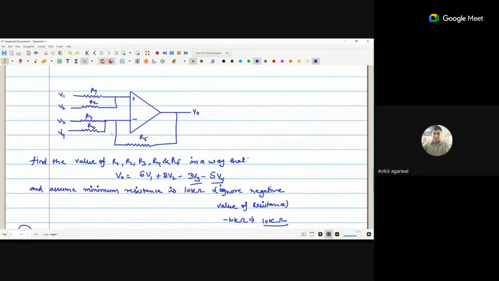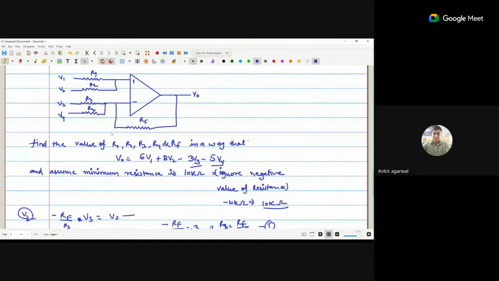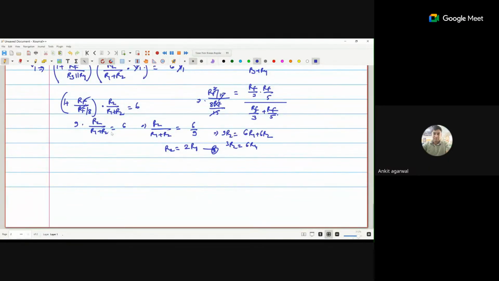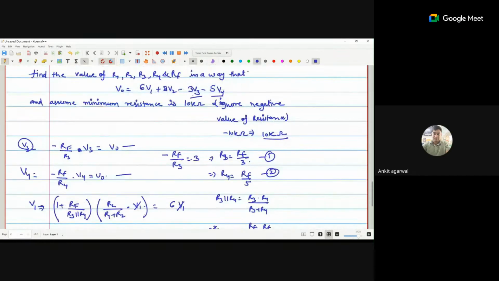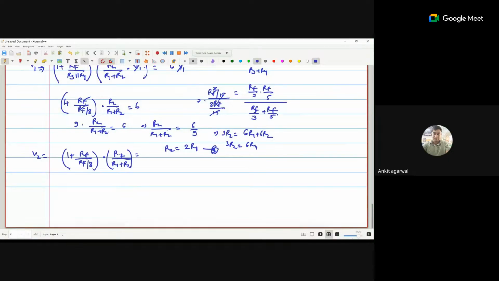Now we apply V2. So V2 is equal to 1 plus RF upon RF by 8 times R1 upon R1 plus R2, that is equal to 8.